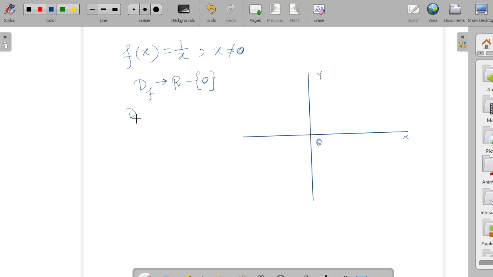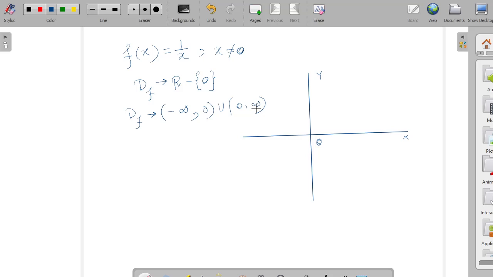The domain of this function can be rewritten as minus infinity, because actually x is approaching minus infinity if we go from the left-hand side of the x-axis, minus infinity to 0, union 0 to infinity.